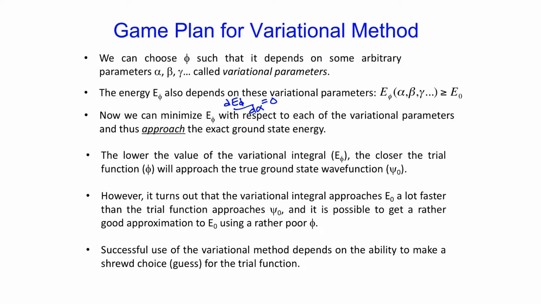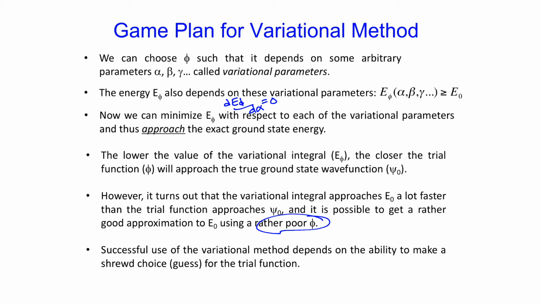Okay, so you really can use a pretty crude guess for your trial function, or as we would say, a rather poor guess for your trial function, and end up with actually quite a good value for your ground state energy, which is really handy. So the variational method is actually quite forgiving.